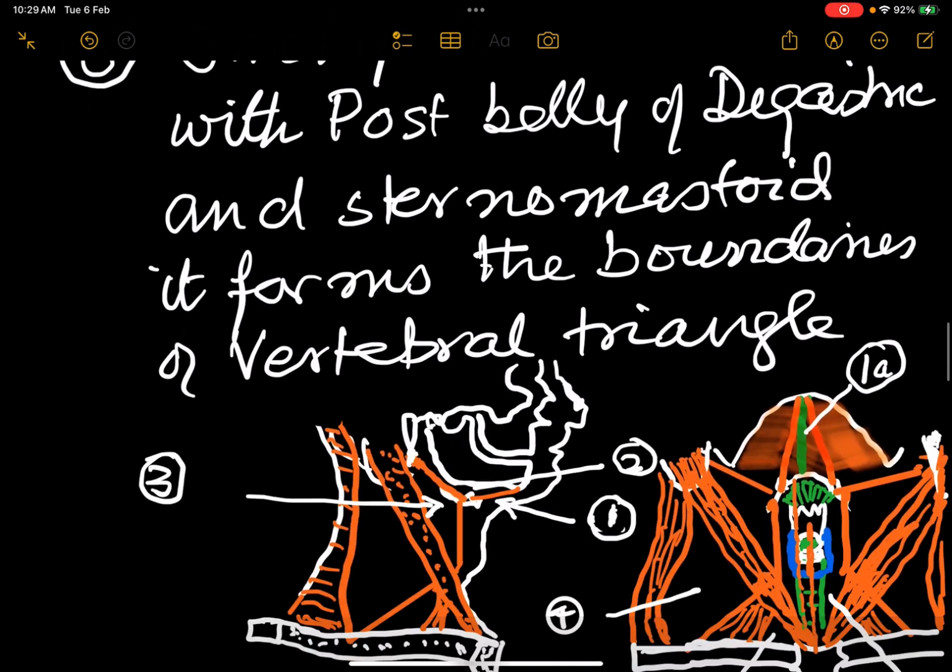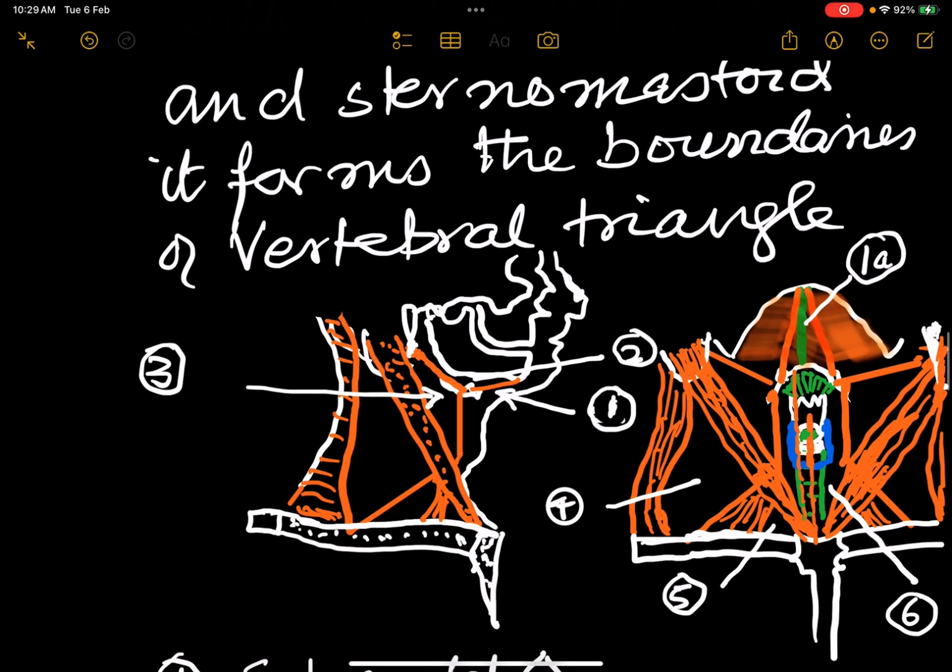So now these triangles. The digastric anterior and posterior belly, lateral to it, the digastric triangle, between the two anterior bellies, the submental triangle. The digastric posterior belly, omohyoid, superior belly, and sternocleidomastoid, vertebral triangle.